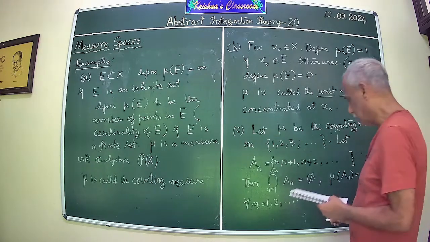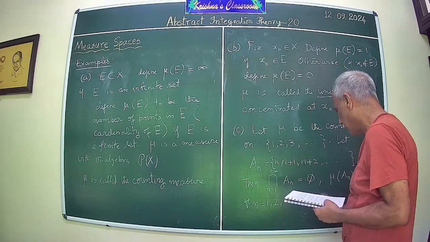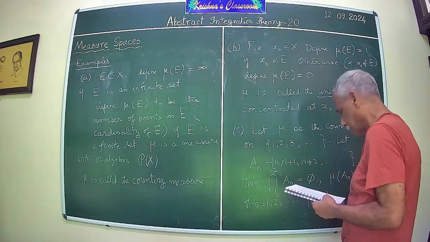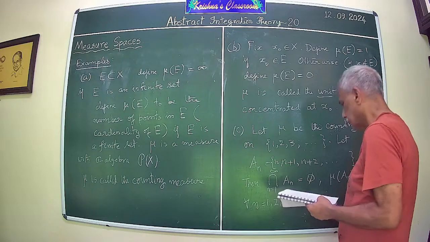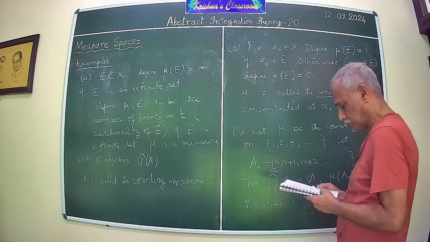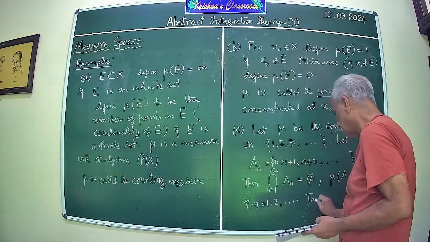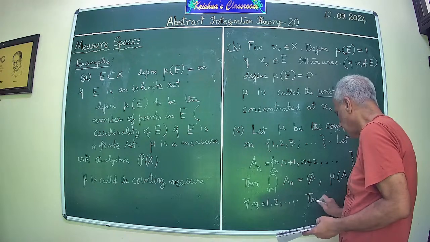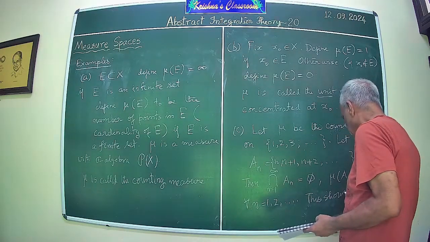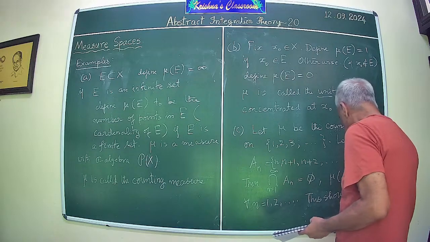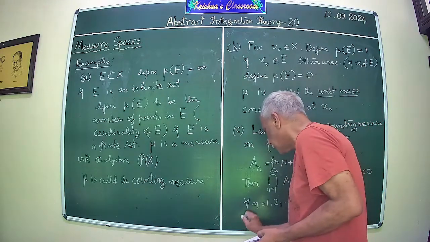Now you have therefore mu of An equal to infinity. This shows that E is not valid.